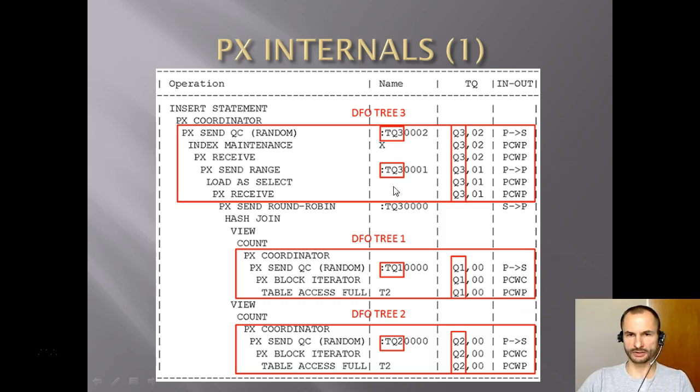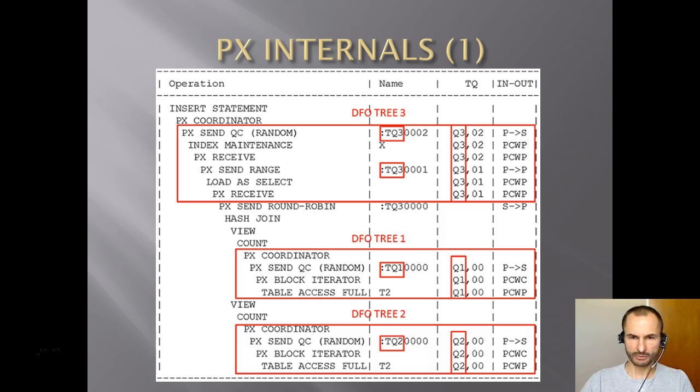So this part here of the parallel execution plan might run at a different degree than this part here, because each unit gets its own parallel slave sets assigned. So these here just might run at a degree of 4, this might run at a degree of 8 or whatever. So this is another important side effect of these DFO trees, that things might run at a different degree.